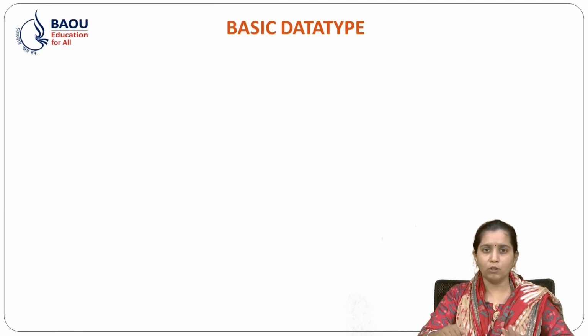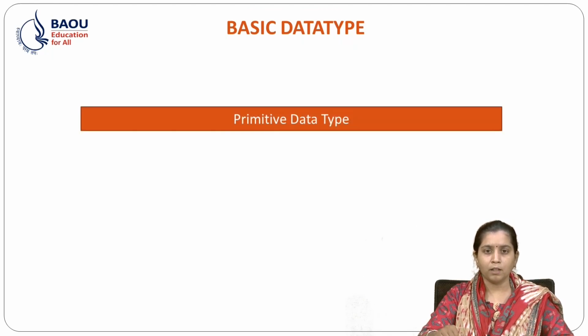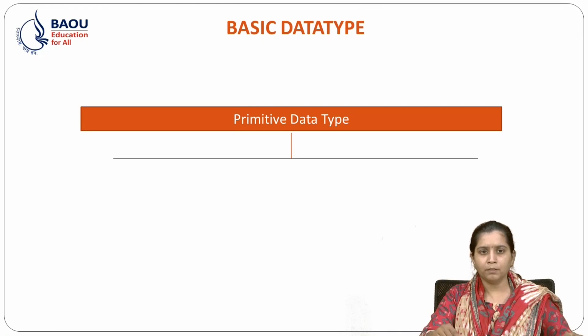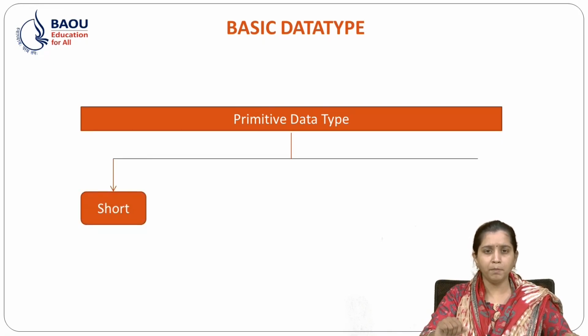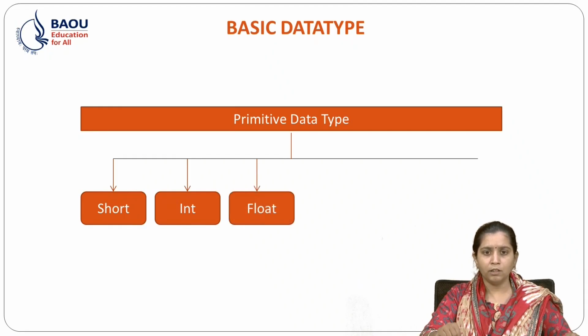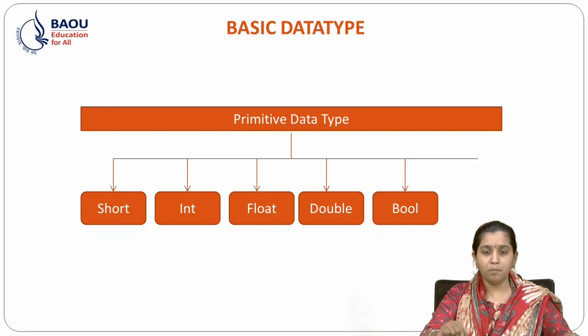Today, we are going to learn about basic data types in C++. Basic data type is also known as primitive data type. In primitive data types, we have short, integer, float, double, boolean and char.